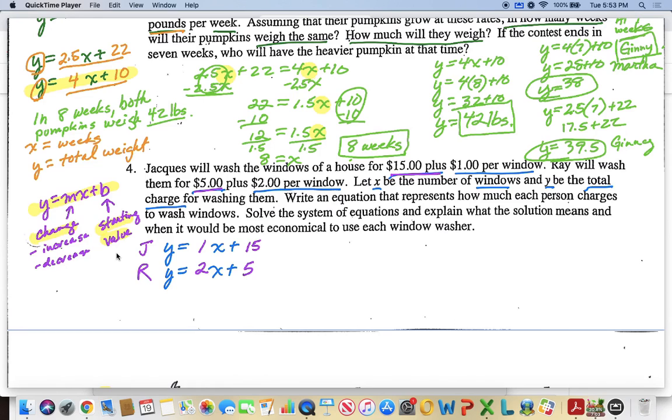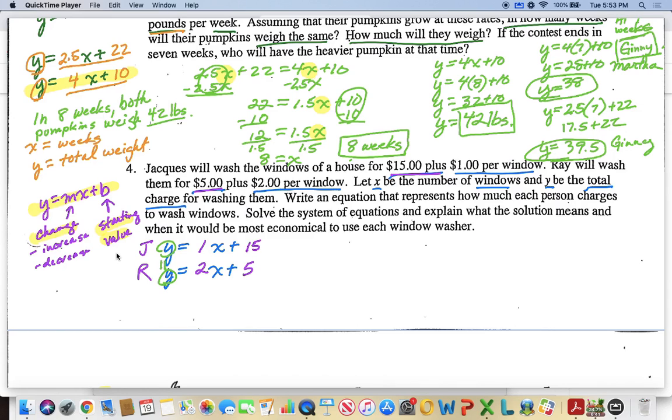Let's rewrite the equation so that we can solve for x. We're going to assume that y is equal to y, because we're looking for the place where they are equally expensive.